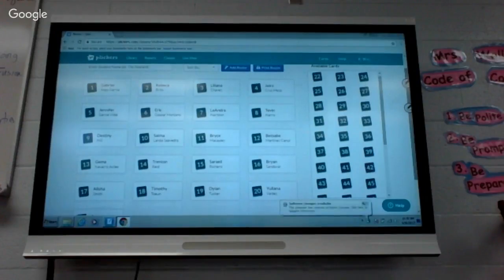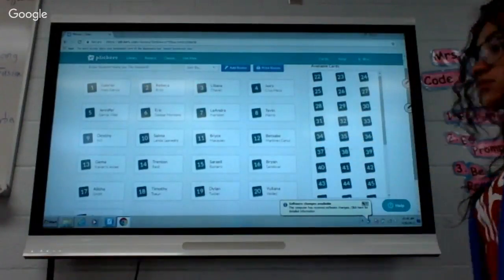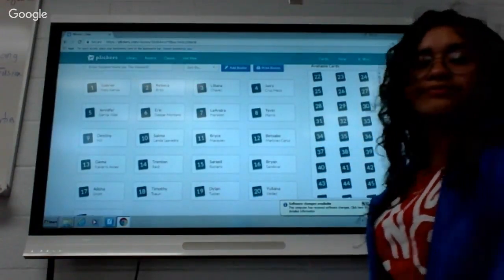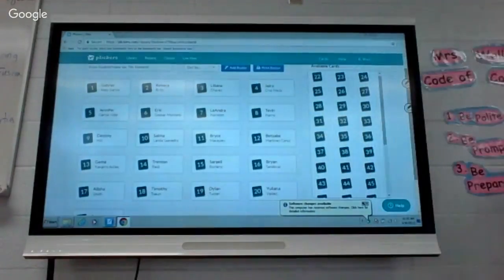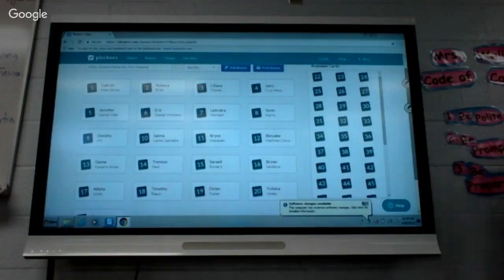Stop writing on that. It's a sticky note. Tomorrow, and every other day after that, come get your clicker card. All right, everybody got their card?